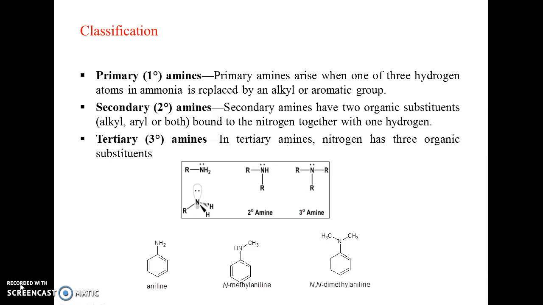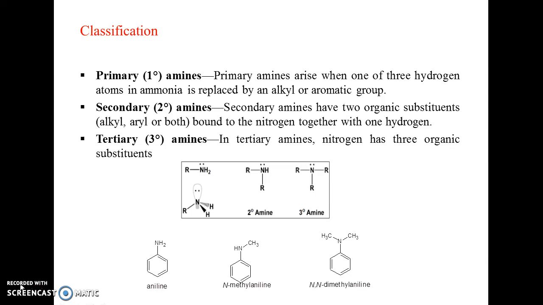Next, secondary amines. Secondary amines have two organic substituents; these are also derivatives of ammonia, where two hydrogen atoms of nitrogen are replaced with either alkyl group or aryl group or both. Example, here we have taken N-methyl aniline, where the two substitutions are methyl and aryl moieties, and the general formula is R2NH.